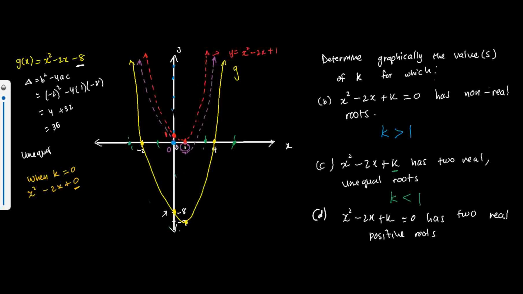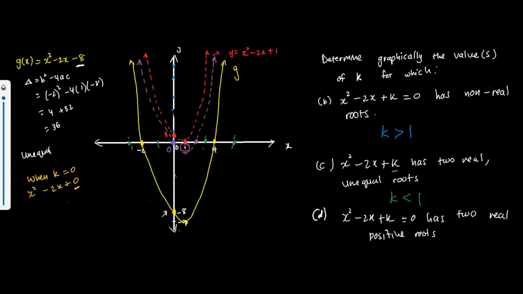But when we look at when the k value is 0 for this purple graph, what is my x value? What is the x value? Let me get this right. I'll have one x value that's positive, perfectly fine, but one x value is 0, and 0 is not a positive value. 0 is neither positive nor negative.